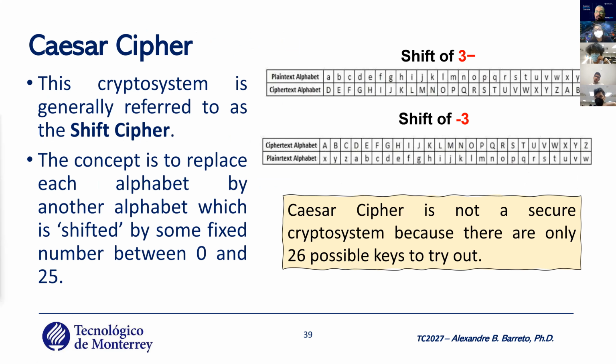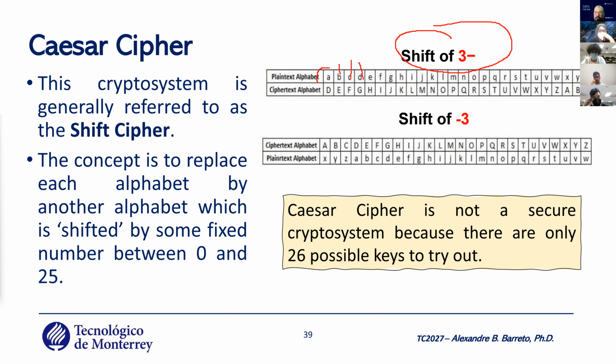For example, shift 3. You get the plain text alphabet, A, B, C, D, E, F, G, H, and the others, and you make a shift to the right. For example, 3 shifts: 1, 2, and 3.